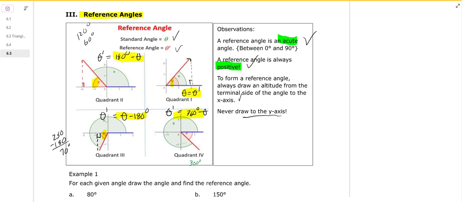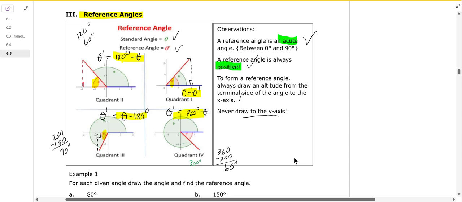So, for example, in this case, 360 degrees minus 300 degrees would give you a 60-degree reference angle. So your reference angles will always be acute angles between 0 and 90. And reference angles are always positive, and they're always formed when you draw the terminal side to the x-axis.